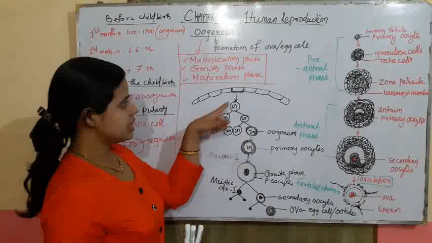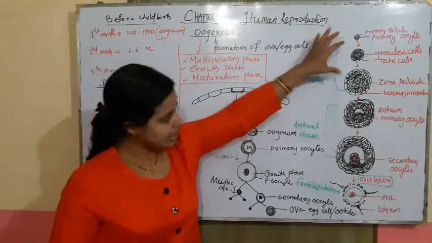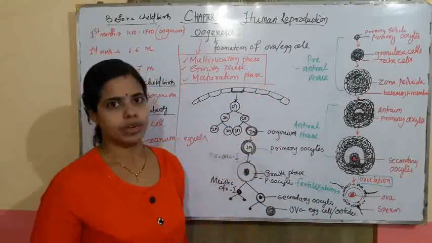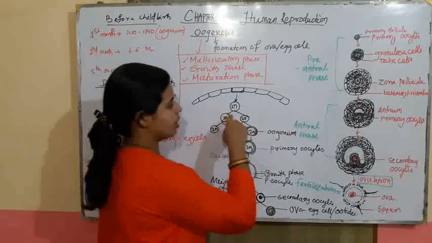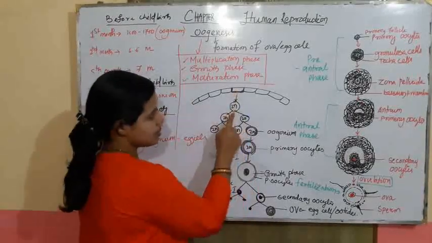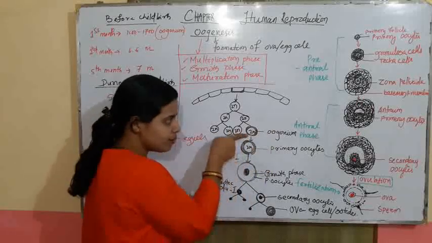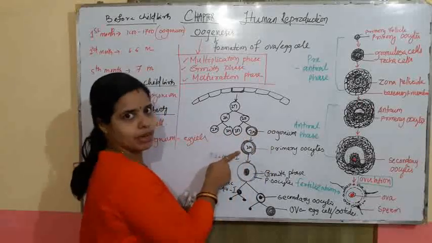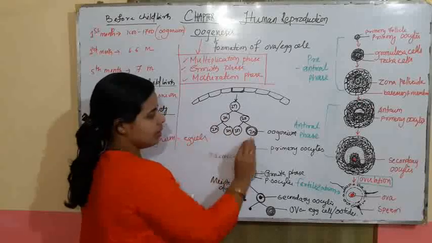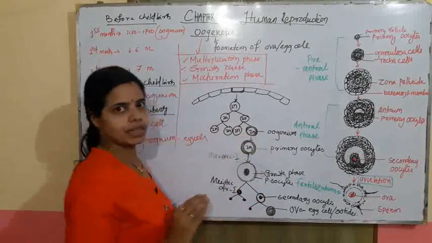See, in these primary follicles, certain changes occur inside the ovary. Germ cells undergo division to form many oogonia, and only one of the oogonia becomes a primary oocyte, while the others remain in the follicular phase.